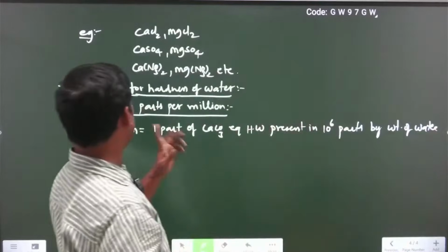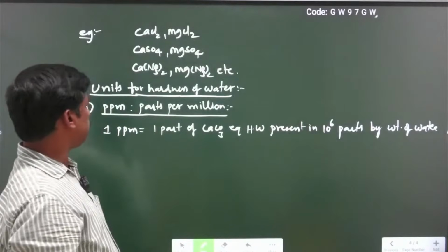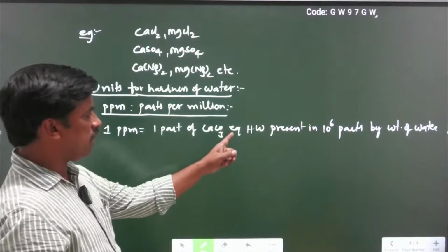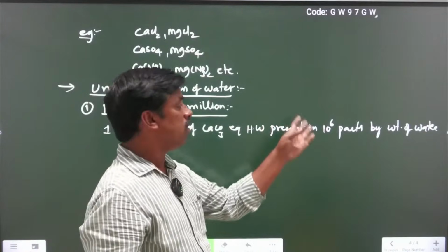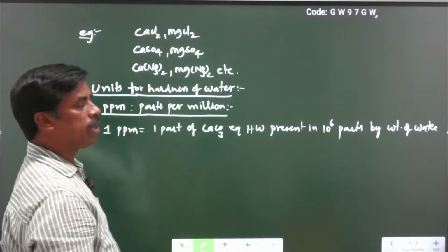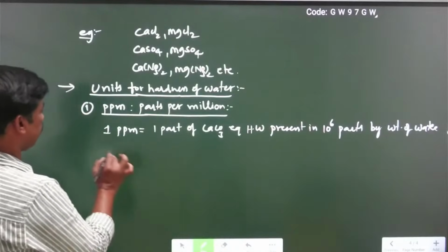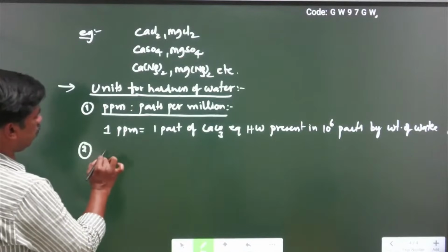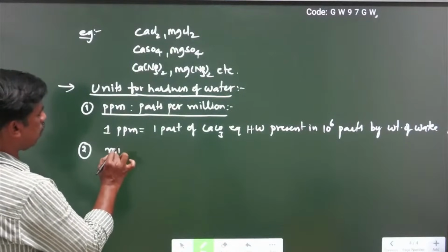What is the definition of ppm? 1 part of CaCO3 equivalent hardness of water present in 10 to the power of 6 parts by weight of water is called ppm. Next, in a similar manner, we have the second unit, milligram per liter.